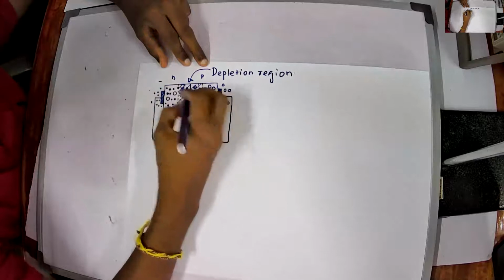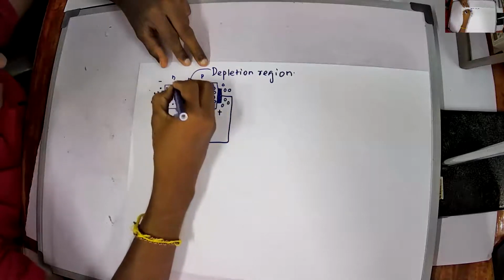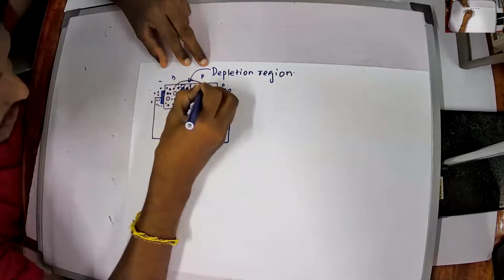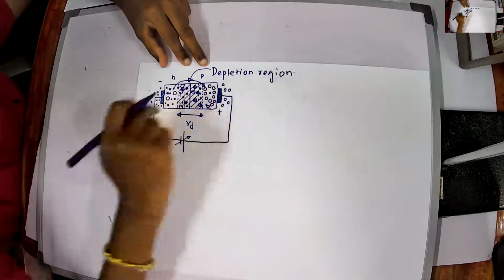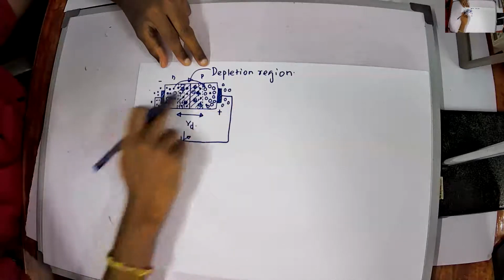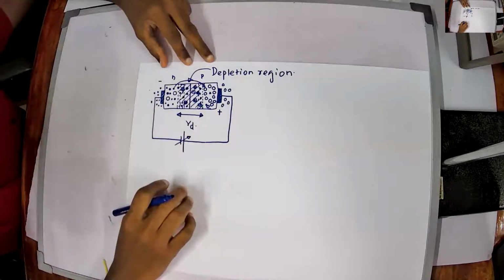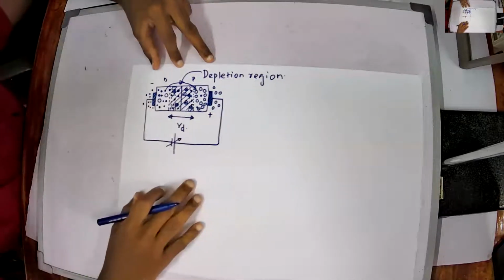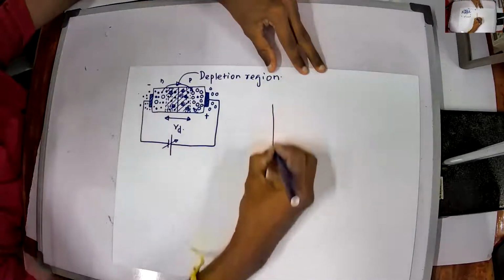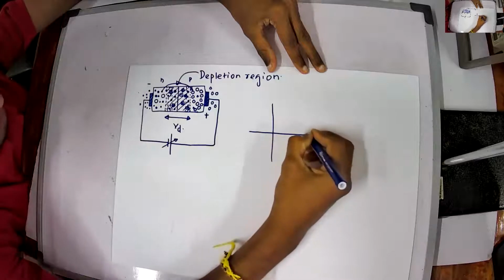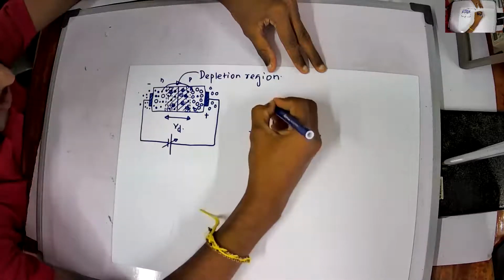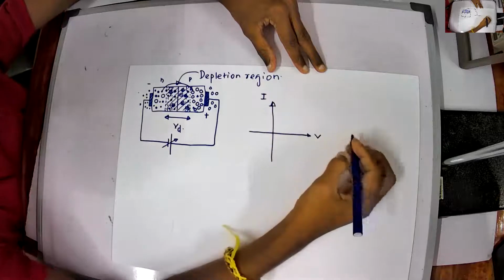Suddenly the electrons will start traveling across this depletion region, or I could say that the electricity started flowing through this p-n junction. So if I draw the current versus voltage, this will be my voltage and this is my current, right?